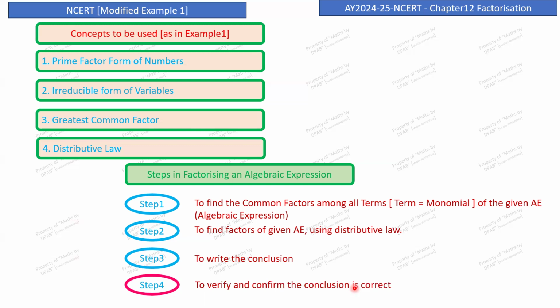No one is going to tell you that. It's not allowed also. So it's your responsibility to check each and every step you have written, whether it is correct, and finally whether the answer is also correct. For that, step 4 is mandatory, according to me. So you need to verify and confirm whether the conclusion you have written in step 3 is correct or not.